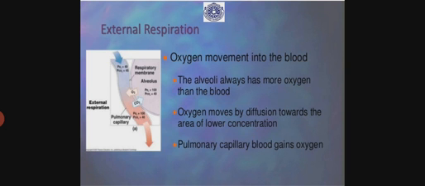The pressure exerted by all these gases of the atmosphere is the total atmospheric pressure, and normally it is about 730 mm of Hg.